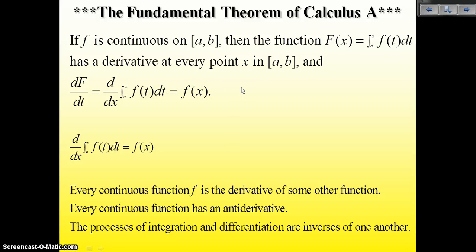Now, let me make a few comments about what's going to happen here. First of all, here's the summary of it. Let me remind you from the last lesson that derivatives and integrals are inverses. They cancel each other out. But essentially what's going to happen here is this t-defined function is going to become an x-defined function, f of x.